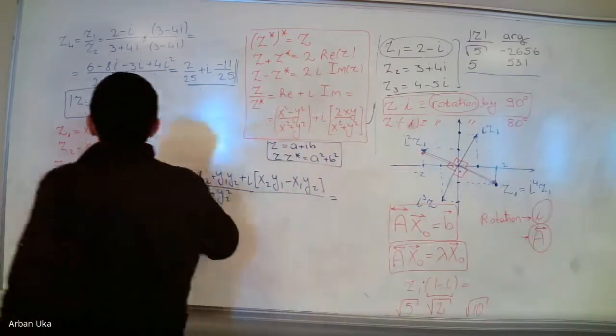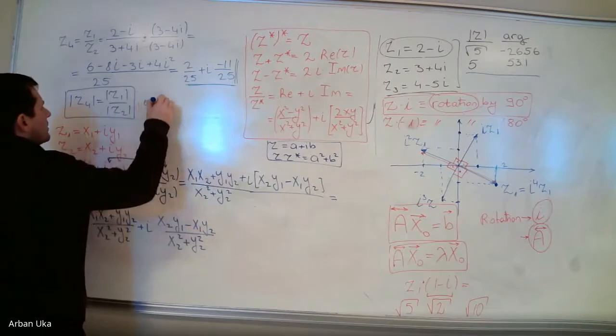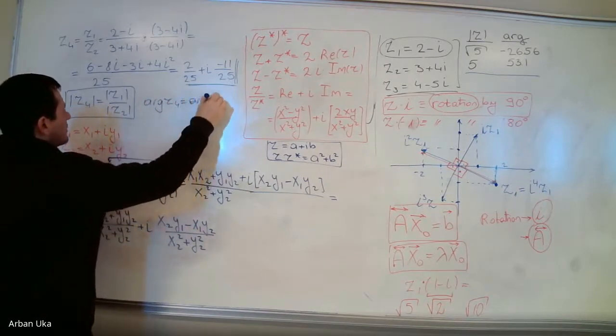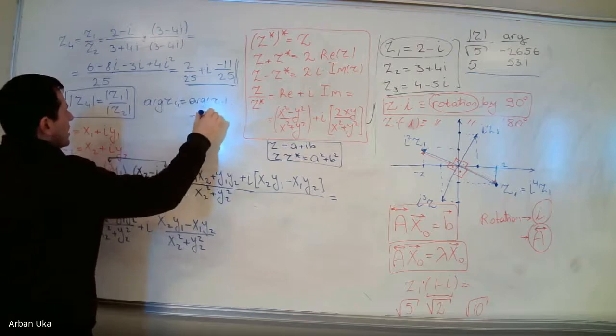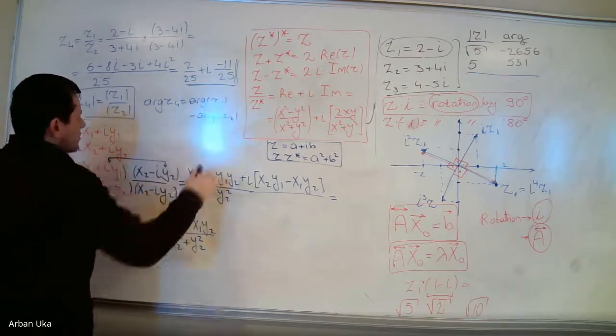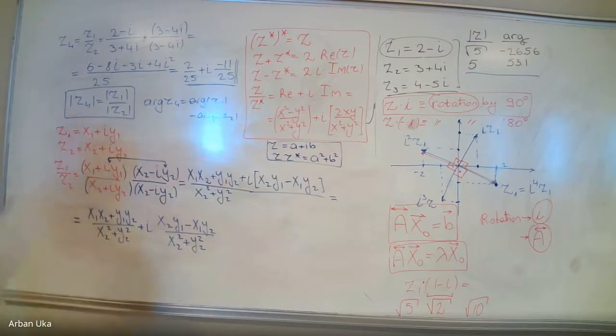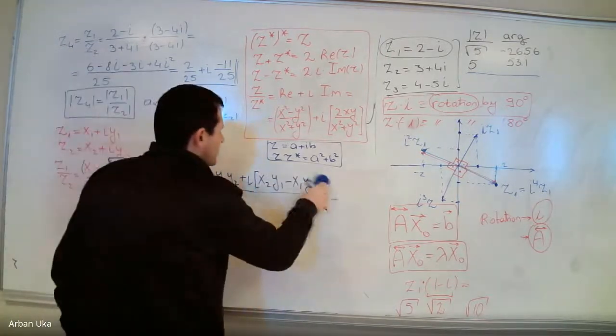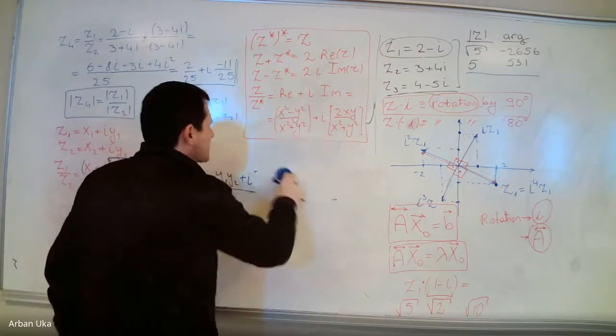Here we have the division, but at the same time, the argument of z4 will be equal to the argument of z1 minus the argument of z2. Now, we come to the best part of the complex numbers that we have discussed so far.